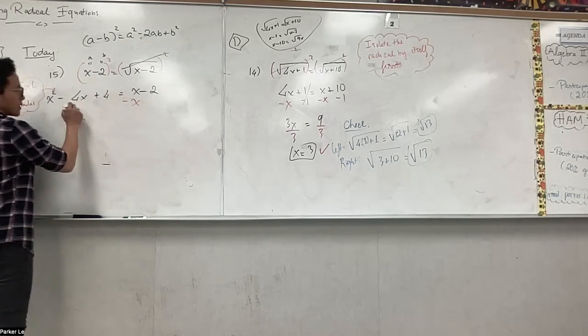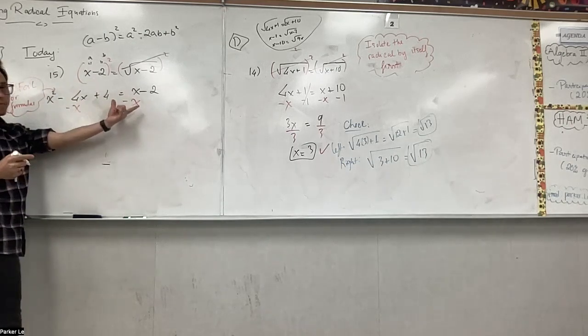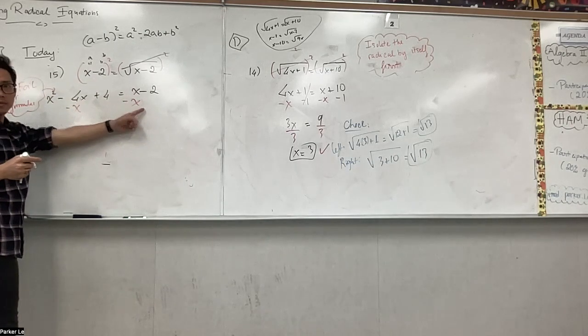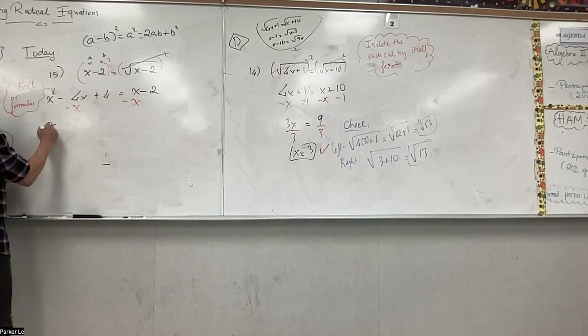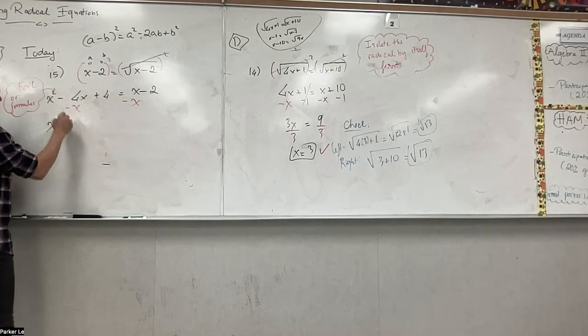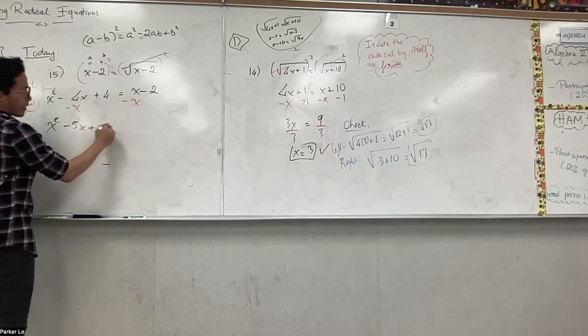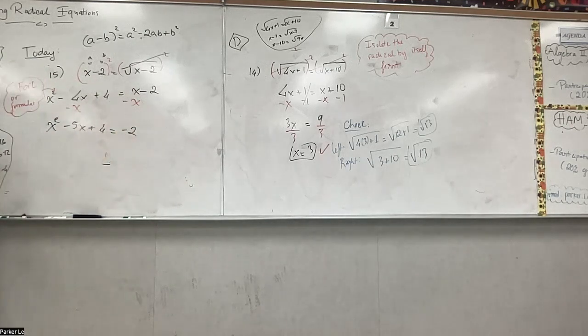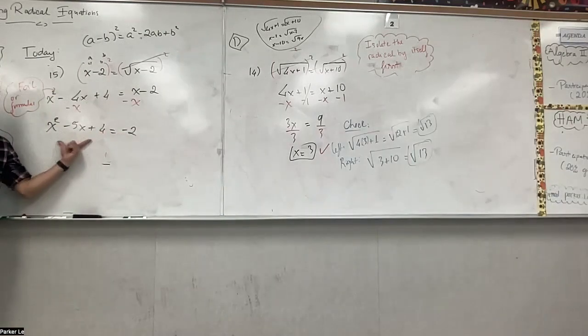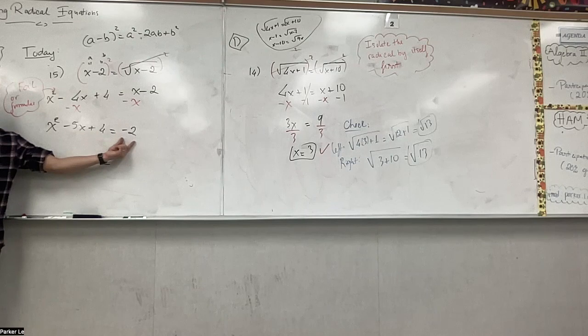Okay, from here, what do we want to do? Minus x, very good. How can we get rid of negative 2? Subtract 4 is not the answer. We add 2. We want to move everything to one side and have one side be 0.